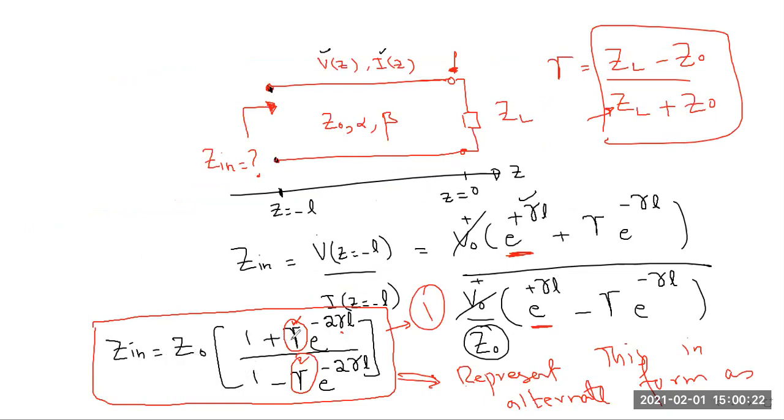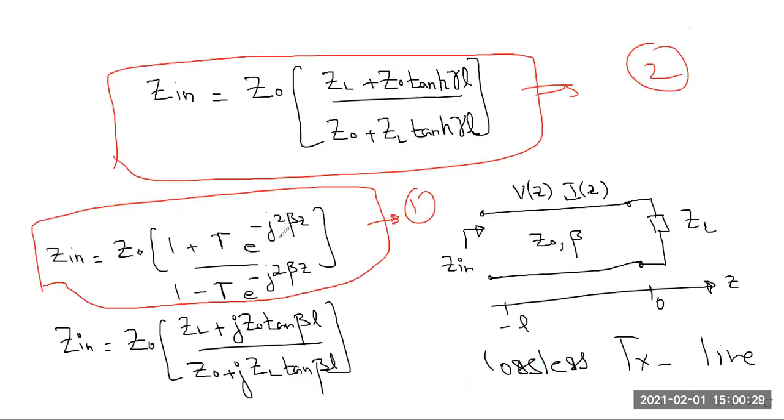Zin is Z naught times 1 plus gamma e power minus 2 gamma L, whereas in this case we get 1 plus gamma e power minus j 2 beta z, because for this case we know that alpha is 0. And similarly, if you look at this expression for a lossless line, you have ZL plus j Z naught tangent beta L in the numerator.